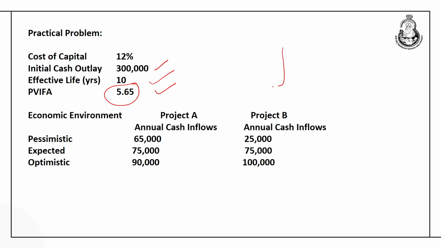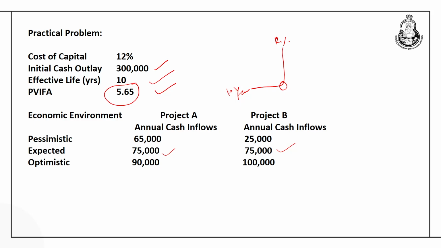So, at the intersection point of 12% and 10 years, this 5.65 value is lying, and we can now use this for evaluating both the projects. Project A and B are expected to give us annual cash inflows of 65,000 and 25,000 respectively in pessimistic conditions, whereas the expected cash inflow will be 75,000.